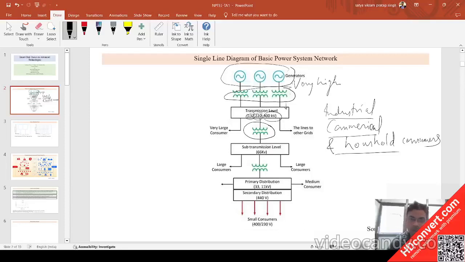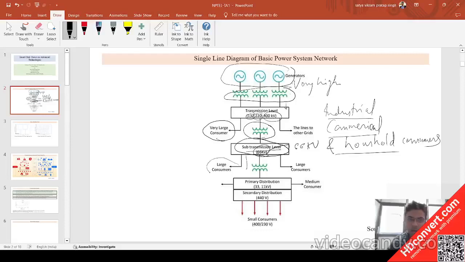After the transmission level, the very large consumers take this high voltage level for their work. Then it is dropped to the sub transmission level, at 66 kV, from the 132, 220 and 400 kV.